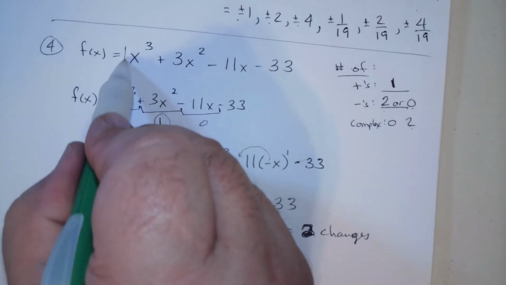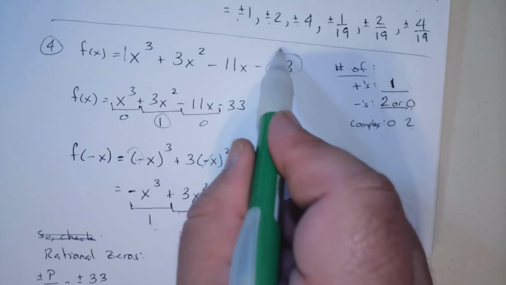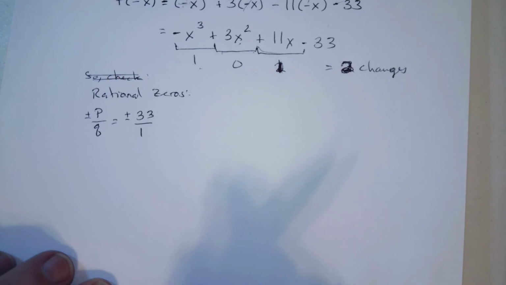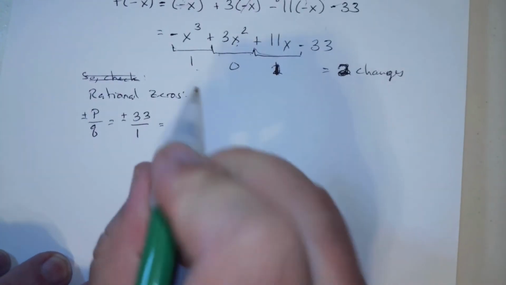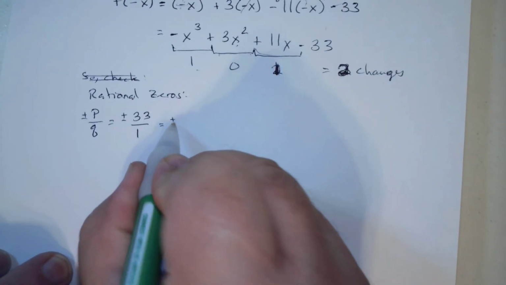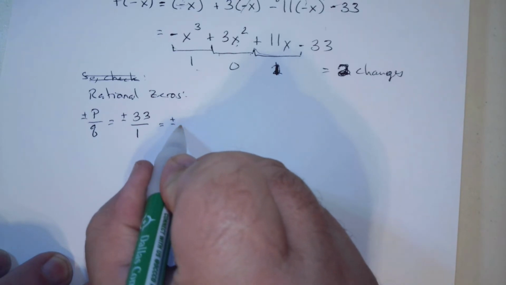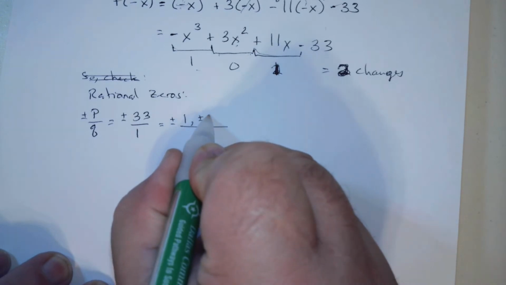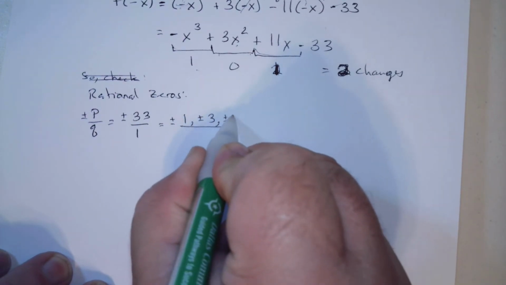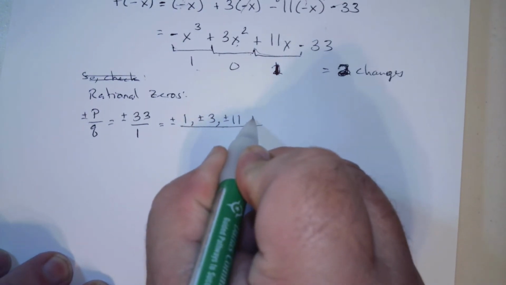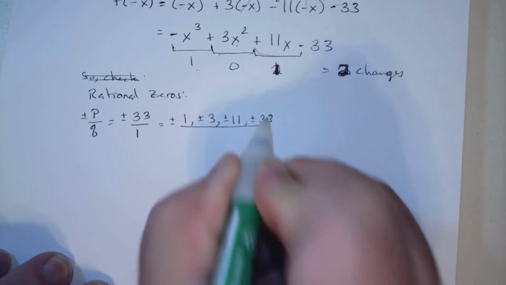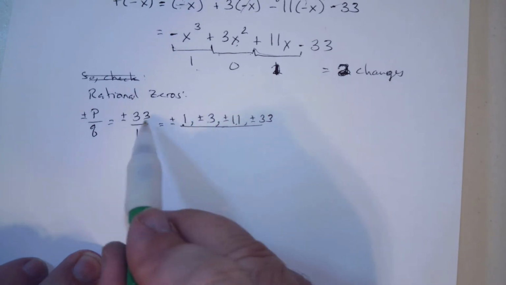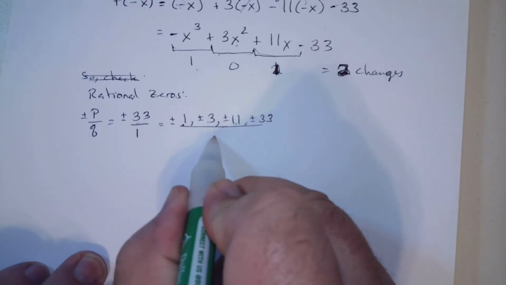Remember, this is p, and that's q. The factors of 33 are 1, 3, 11, and 33. 33 times 1, 11 times 3. All those equal 33 over 1.